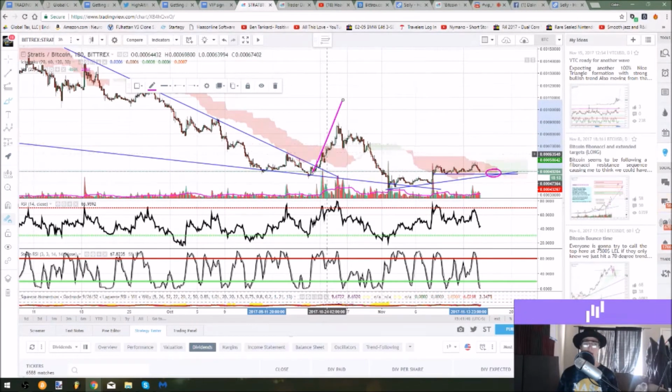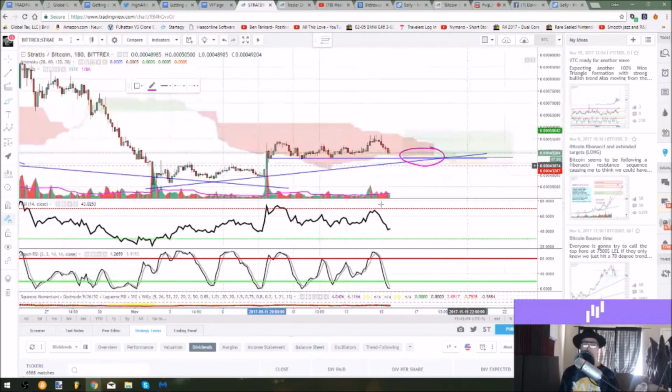So do not get caught FOMOing in on the first bounce that they make after I post an entry, because they're about to fall into the given buy zone. That's why I give you guys those buy zones, because they bounce and then land into them. So with Stratus, you want to buy very low here, try to use around an 8% stop loss, and aim to buy on the oversold bounce.